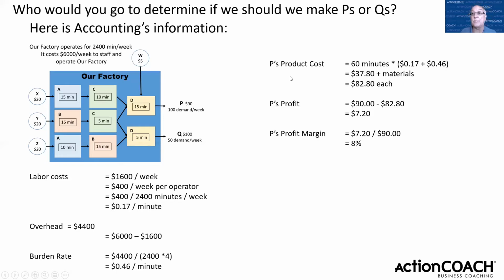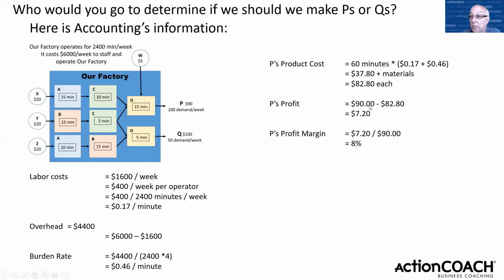And then we would look at each product and say, well, there's 60 minutes of factory time taken to produce Ps. 60 minutes times 17 cents for labor and 46 cents overhead gives us $37.80. Plus material costs, which are 5 plus 20 plus 20 is $45, gives us a cost to produce each P of $82.80.